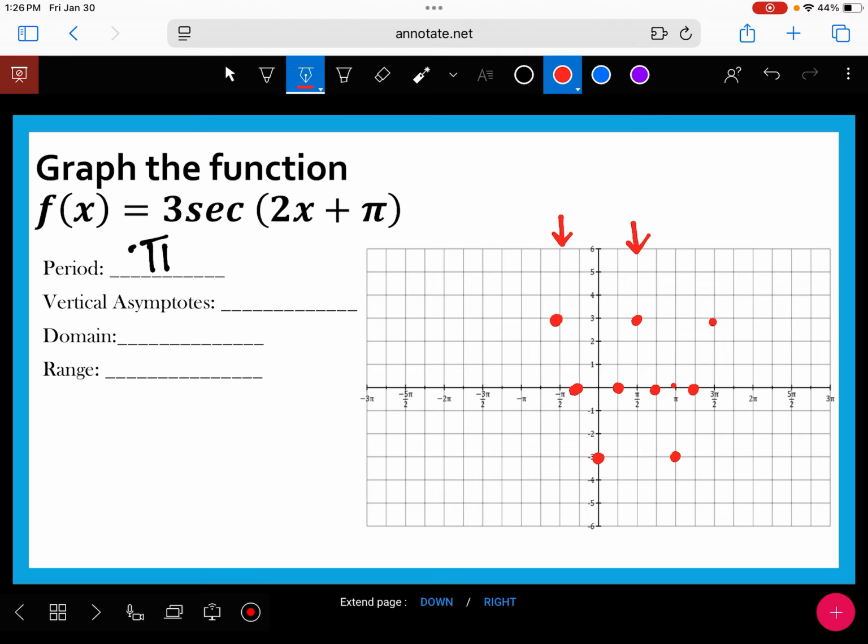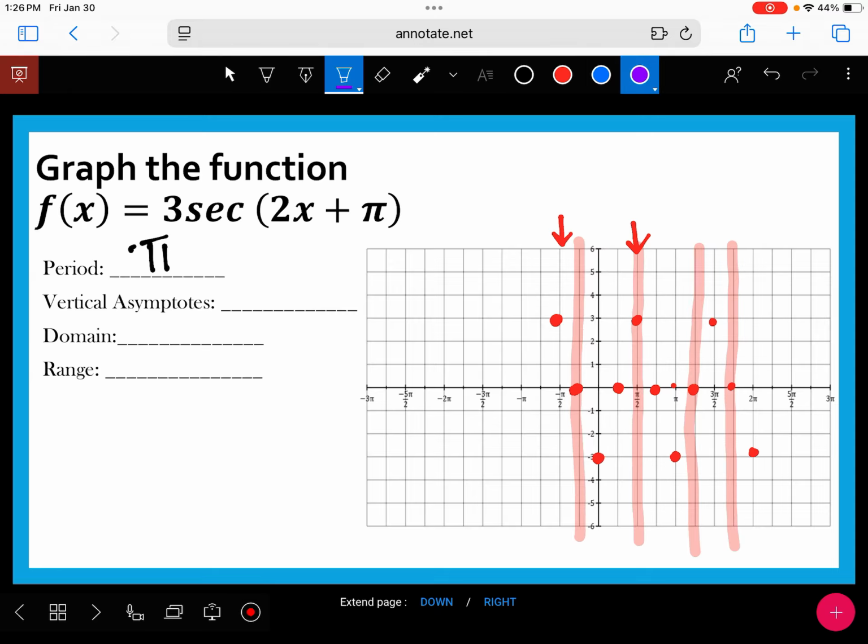I'm going to just do one more. Okay. Every time I hit the middle, I should have an asymptote. Every time I'm at the top, there should be a smile.